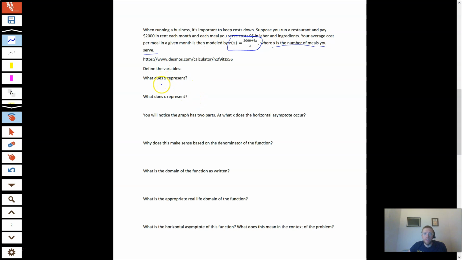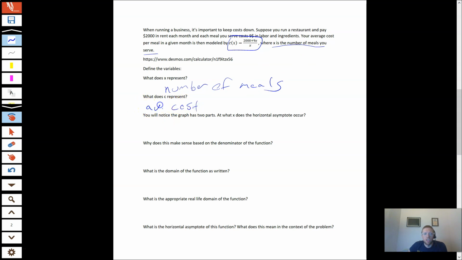The first ones are easy, and I put these in there specifically because I don't think necessarily everybody's reading the whole text every time. So this is just like what do the variables represent. So x is number of meals based on what I just annotated, right? So that's why I did that, number of meals. And then c is cost. And we're going to make that even more specific.